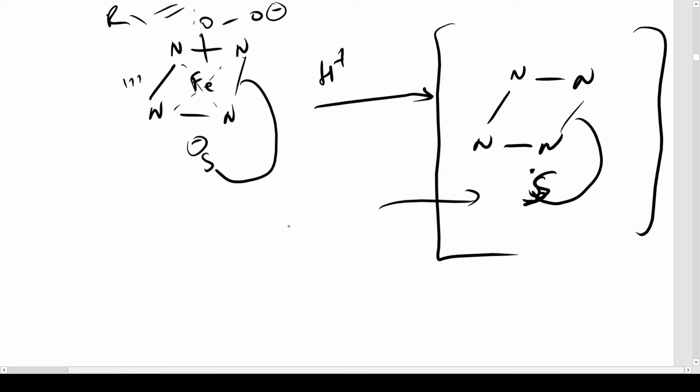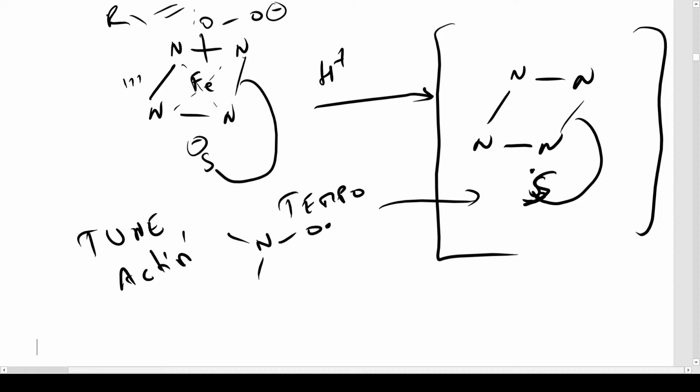Maybe if you want to replace, it's a good question, by what you can replace. My question is if you replace this position by TEMPO, you can tune the activity of this enzyme with the S, like with TEMPO or with another type of radical.